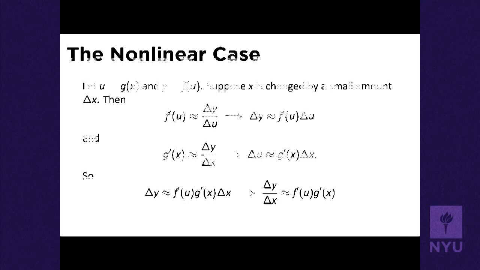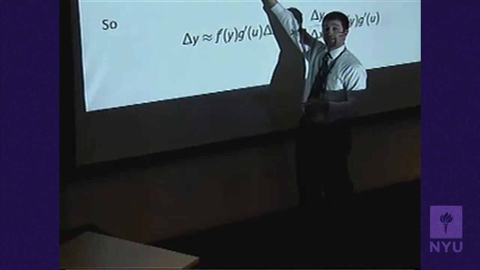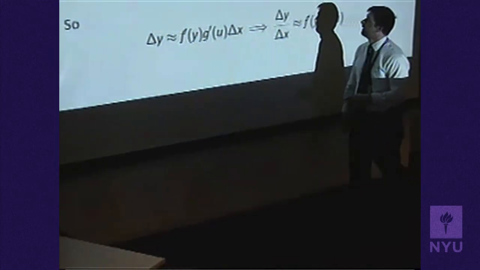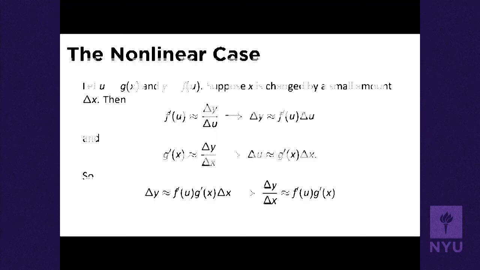Okay, typo there. Now, doing the same thing for g, I have the derivative of g is approximately delta u divided by delta x. So I can solve for delta u as g prime times delta x. Putting those two together, I can say that delta y is f prime of y times delta u.